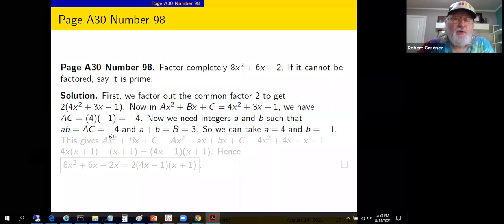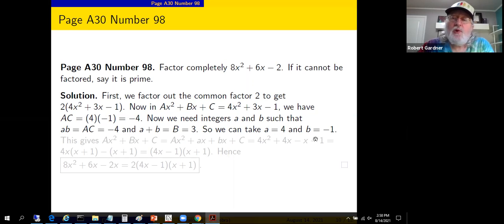Of that collection of numbers, do any of them sum to 3? Yeah. If we take a equals 4 and b equals -1, of course, we could interchange those two. When you add these two together, we get 3. The product of these two is -4 as required. The sum is +3 as required. Let's use those numbers.